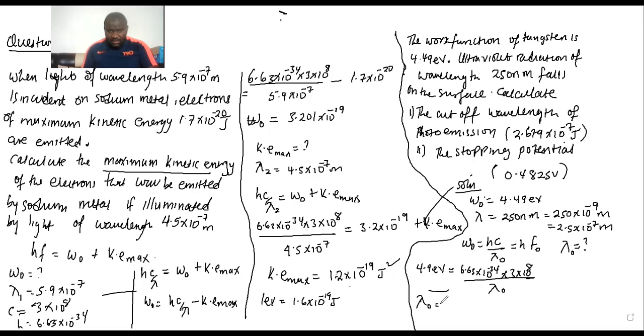Therefore, lambda naught is equal to 6.63 times 10 power negative 34 times 3 times 10 power 8, all divided by 4.9 converted to joules, 1.6 times 10 power negative 19. What answer do we get? The answer we get is the answer for the cutoff wavelength.